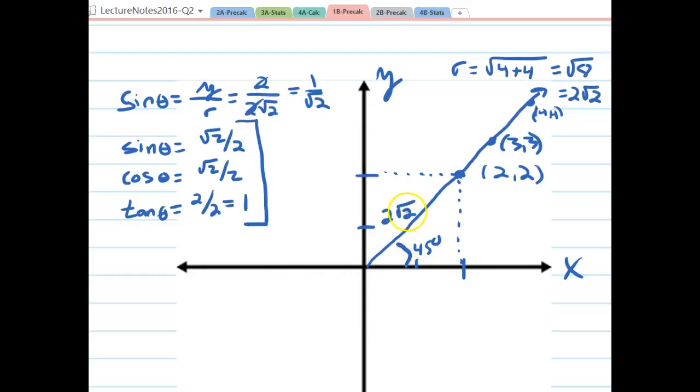So this is another picture, class, as to why I tell you that any triangle that has a 45-degree angle is going to have these ratios the same. Because obviously as I move out further along this line, I am creating bigger triangles.